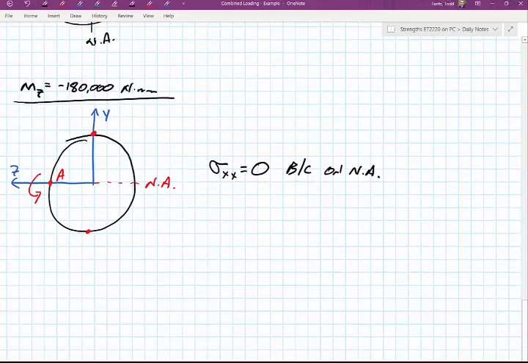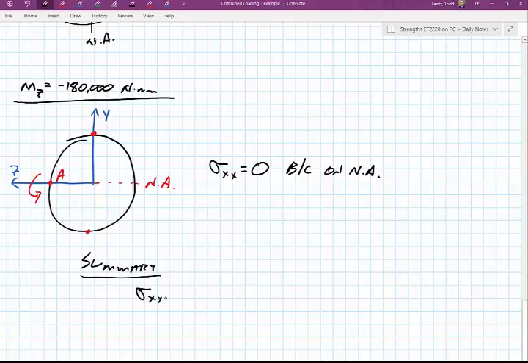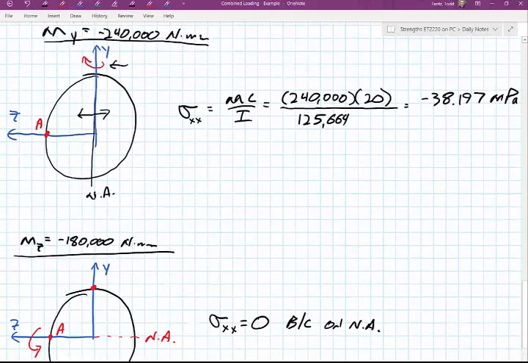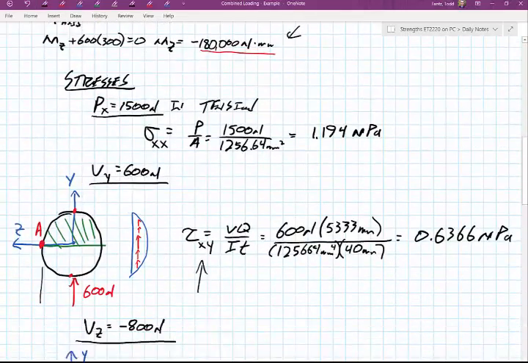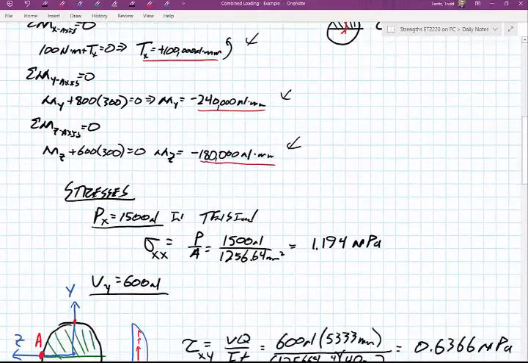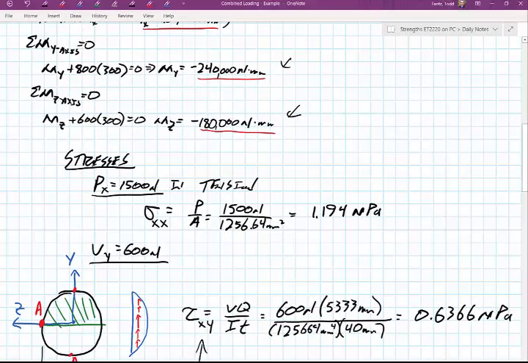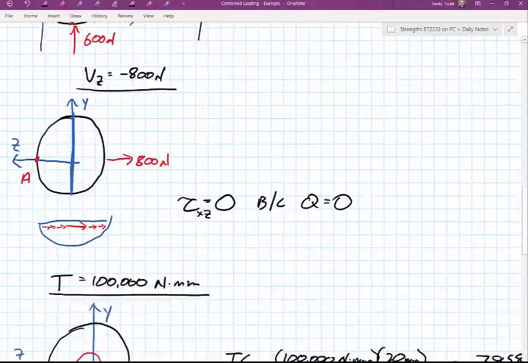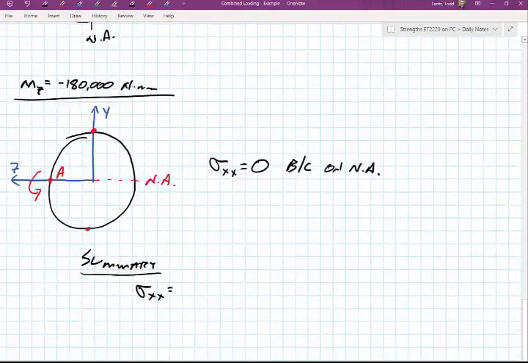So the last step in this process is just to add up everything you have as far as your subscripts. So in summary, I have two sigma xx's. I had one from the tensile force of 1.194 where I was pulling it, so that's in tension, so it's positive.